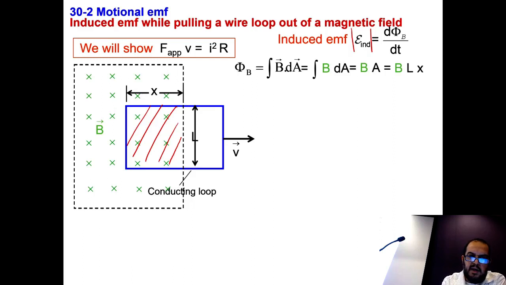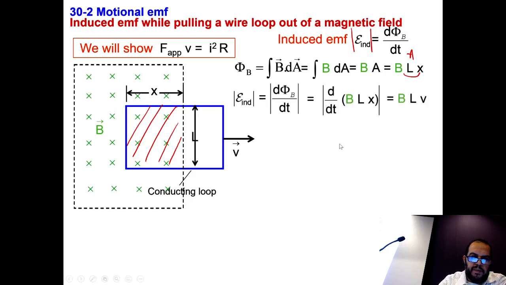So the flux is BLx. The induced EMF is the derivative of the flux, and we don't want to carry the signs. Since the flux is BLx, we know that the induced EMF is BLv. We have already shown this earlier. We have shown that the induced EMF is minus BLv.